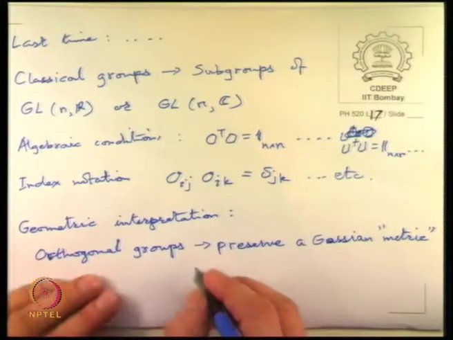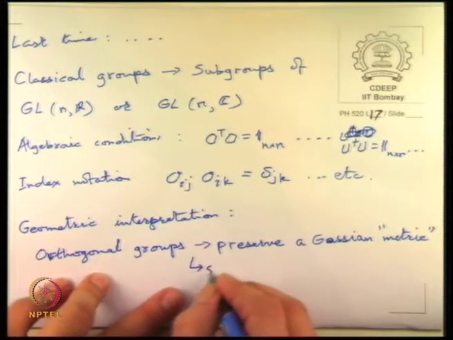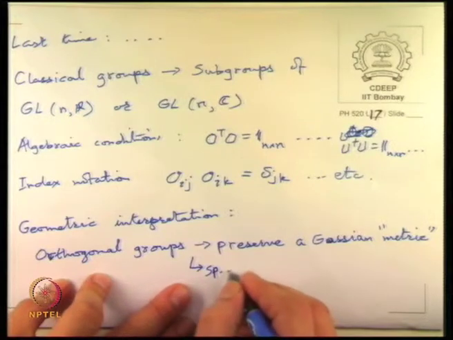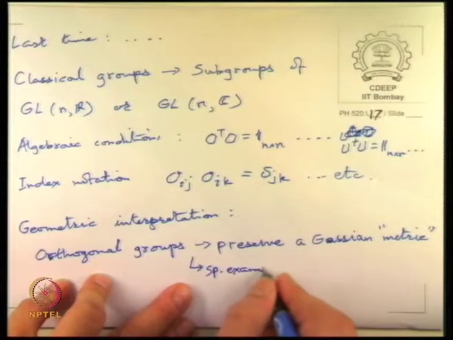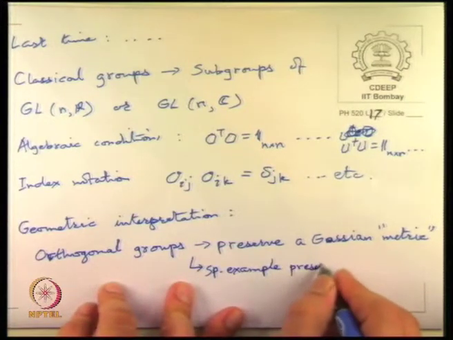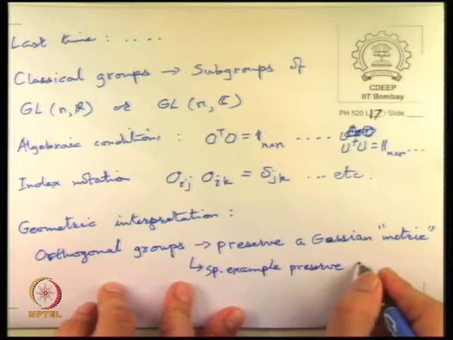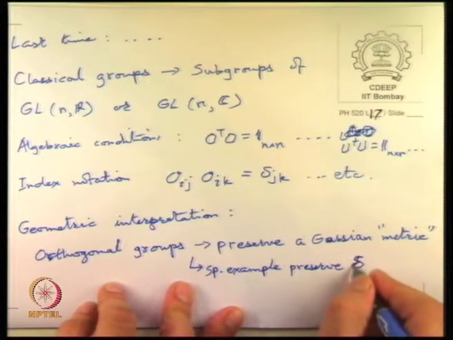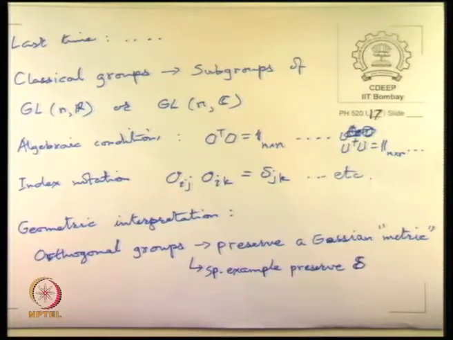And a special example, they preserve the delta metric. Okay. So writing it as if it is some symbol, metric delta, a matrix which is simply Pythagorean.